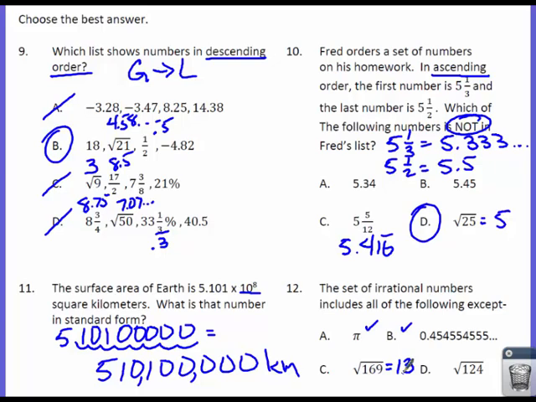Well, we know a plain old 13 is not irrational. It is actually a rational number. So since we're looking for the set of irrational numbers includes all of the following except, here is our exception, C. And then for D, the square root of 124, you get something like 11.135, and it just keeps going.